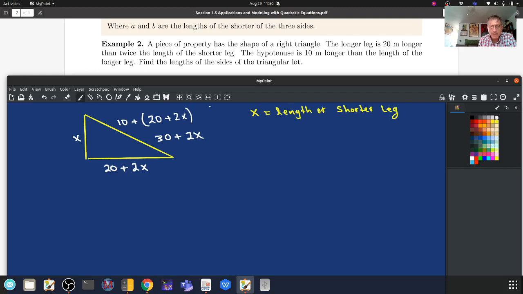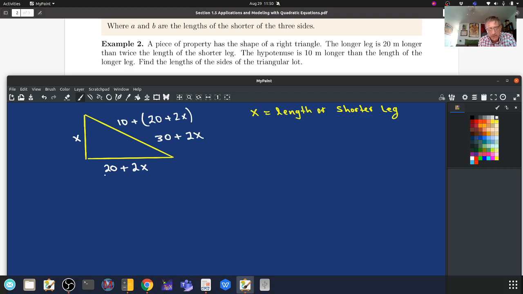Find the lengths of the triangular lot. So I want to find the value of x. The value of x gives me the length of this vertical side.